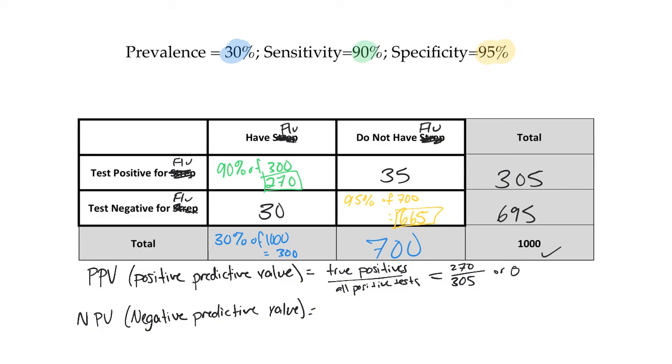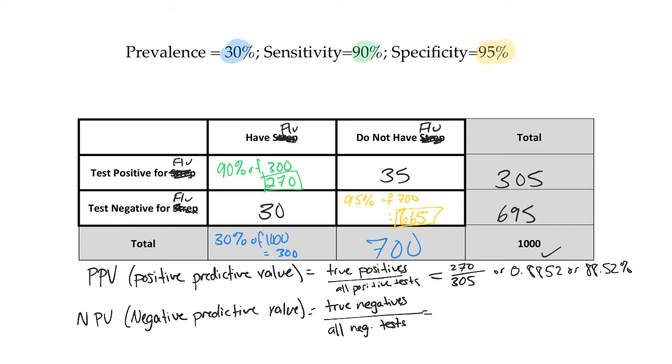So that's 0.8852 or 88.52%. And then the negative predictive value would be the true negatives divided by all the negative tests.